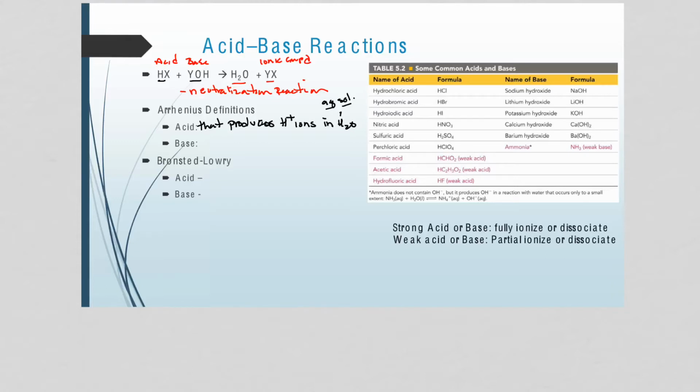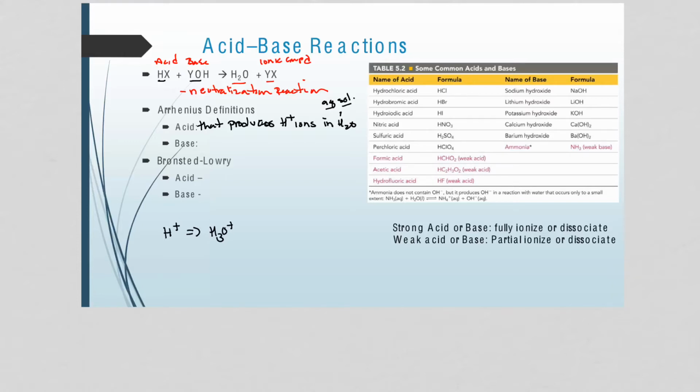Now, I'll note down here that when we use H plus, what this is really referring to is hydronium ions. And I talked about this a little bit in a previous section when we were talking about electrolytes, right?